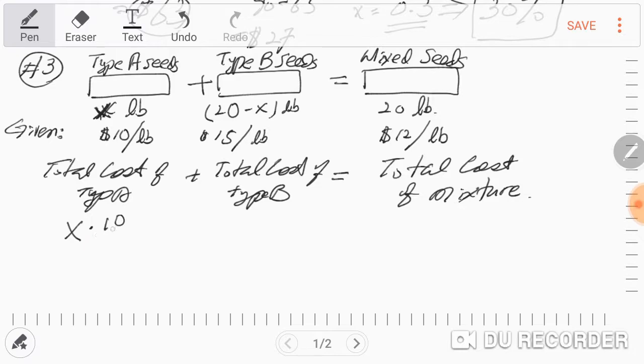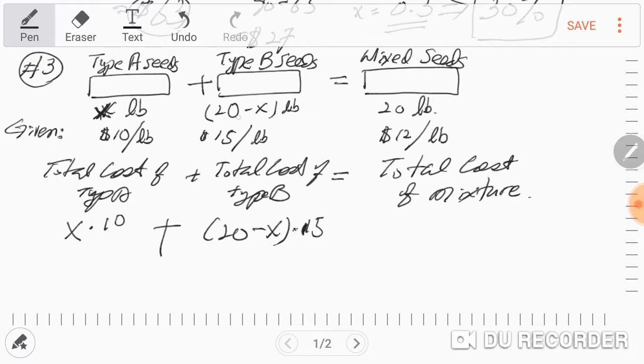So 1 pound is $10, 2 pounds is $20, 3 pounds is 3 times 10, X pounds, then X times 10. Plus the total cost of type B: the weight is 20 minus X pounds, and each pound is worth $15. So if there's 1 pound, multiply 1 by 15, 2 pounds, multiply 2 by 15, and so on.